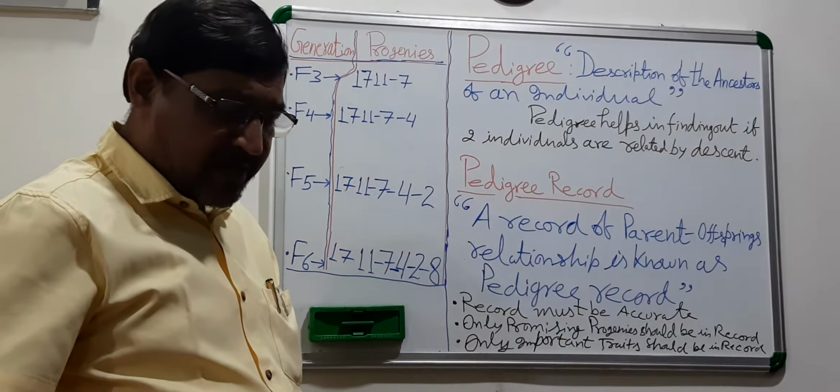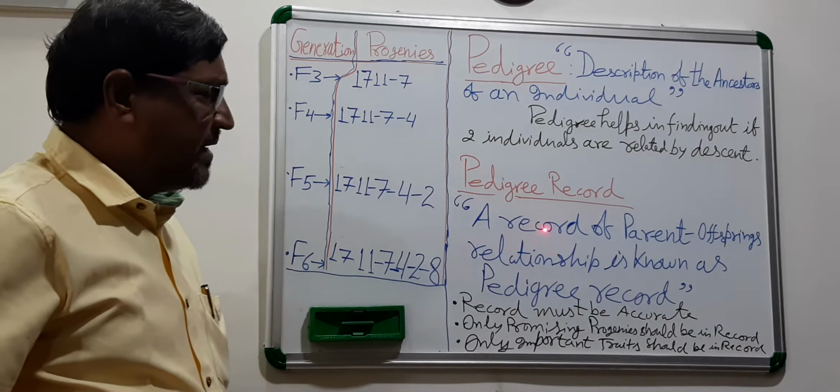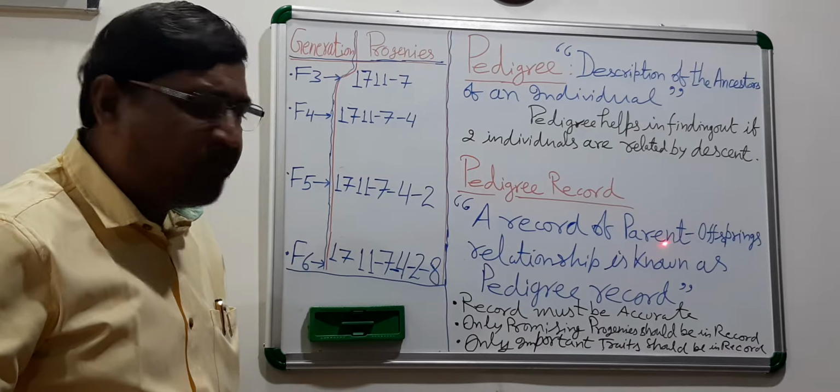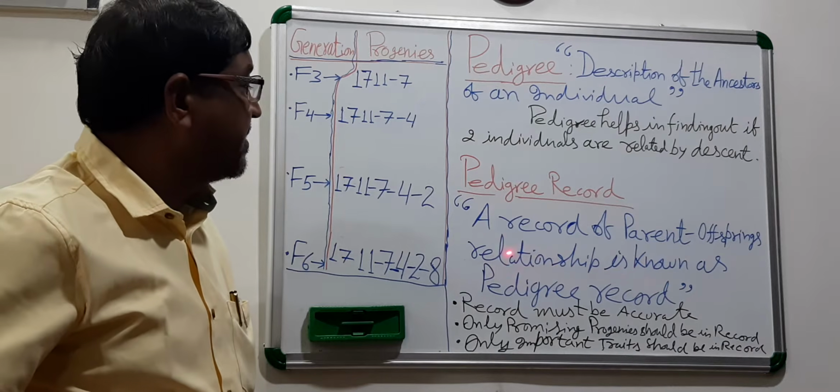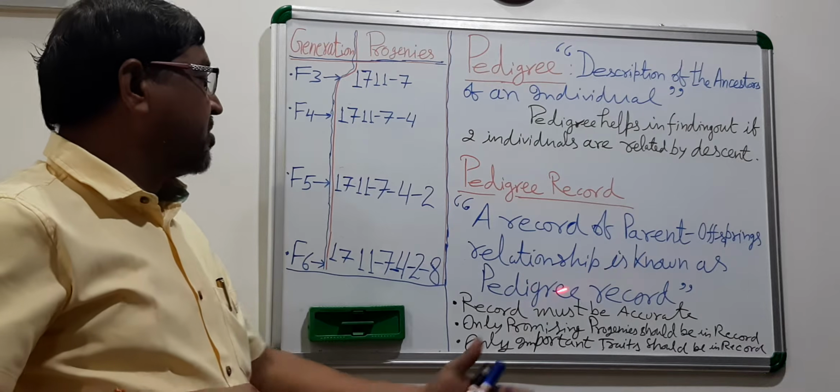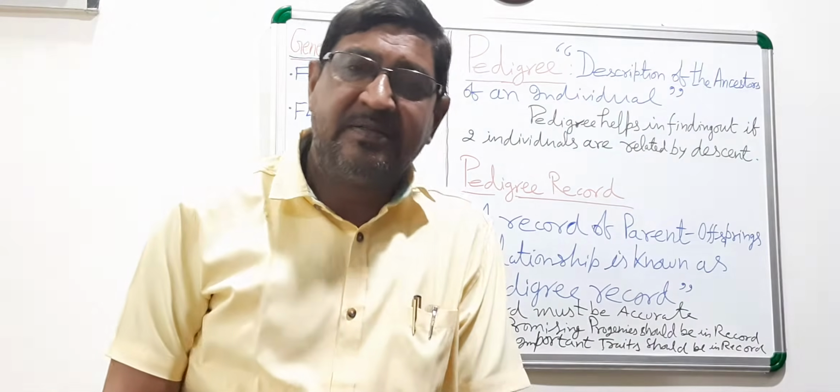By definition, a record of parent-offspring relationship is known as a pedigree record.